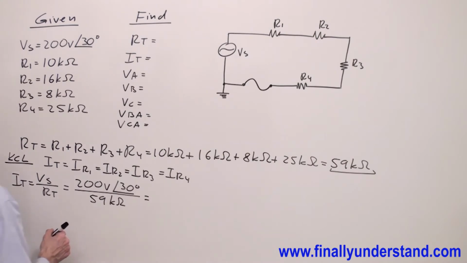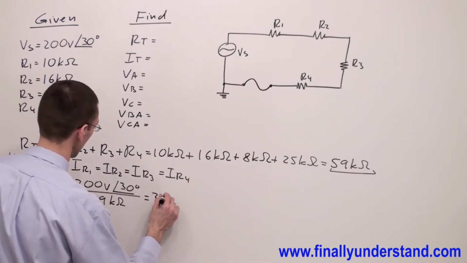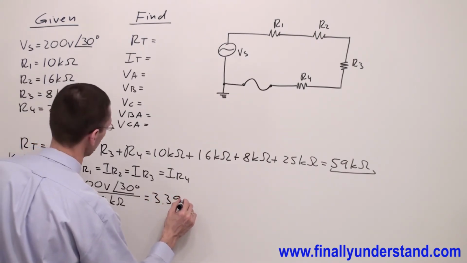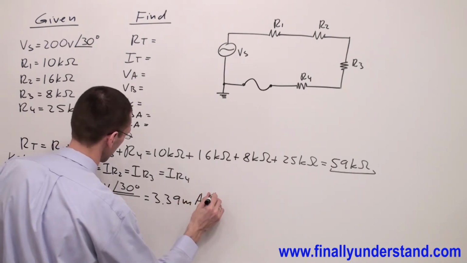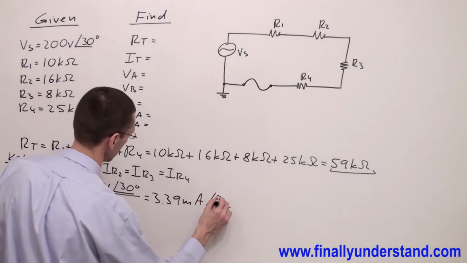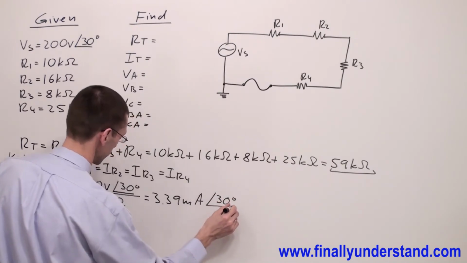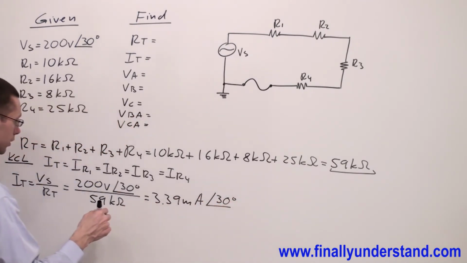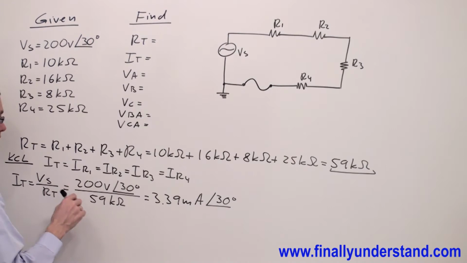This is equal to 3.39 milliamps and angle of 30 degrees. So this is the current which will go through each resistor.